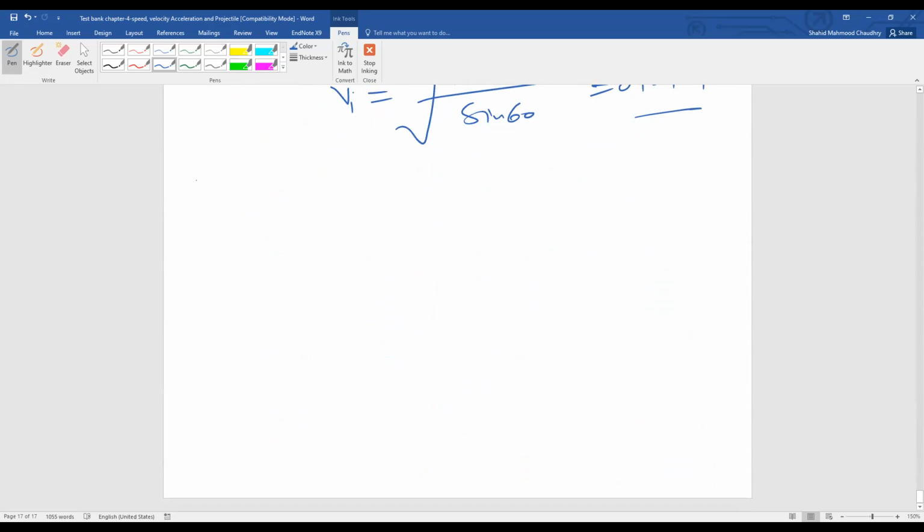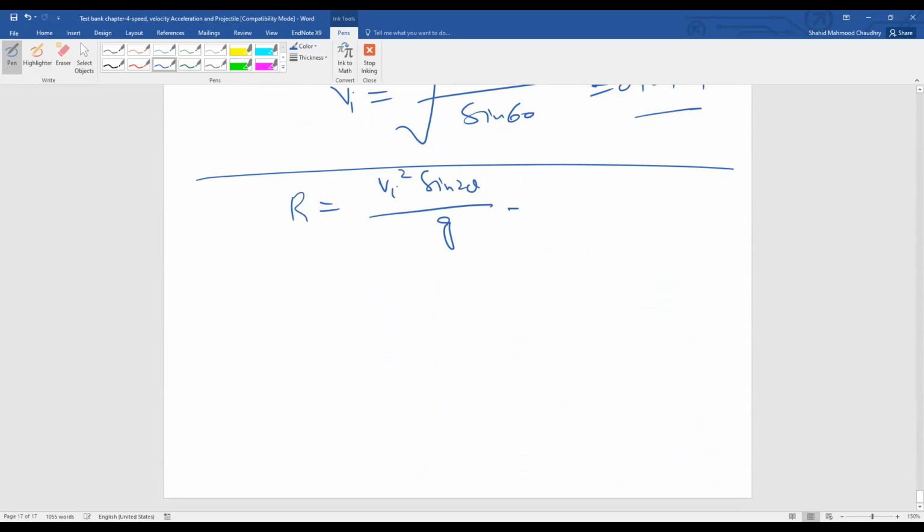But remember that in projectile motion, the formula is Vi squared sine of 2 theta over g. You can expand this formula as Vi squared 2 sine theta cos theta over g, like this also.